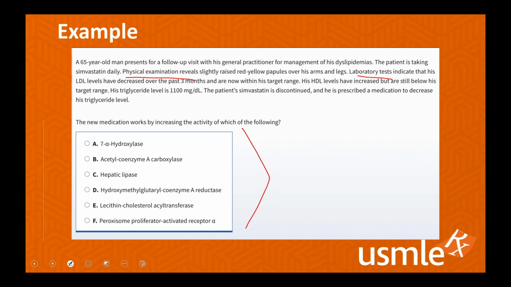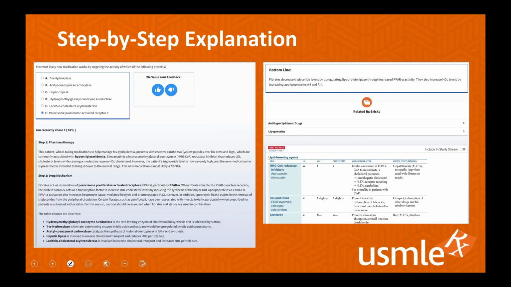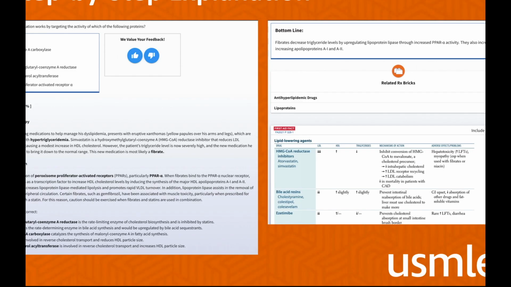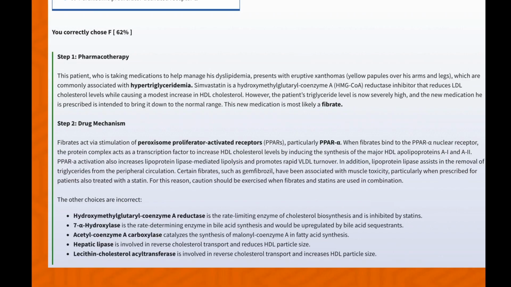And then when you attempt the question and get the feedback, I don't know if I can zoom into this or not. Oh, I think I can. Yeah, you can see that we're able to dissect this. Let me use this pen here.